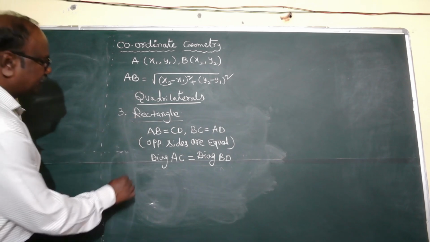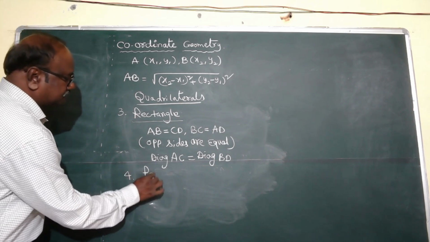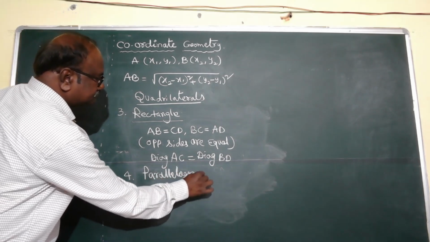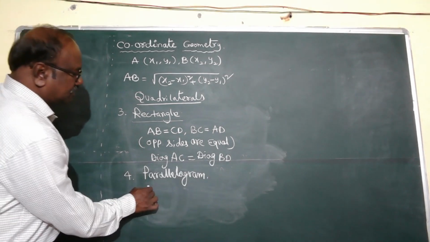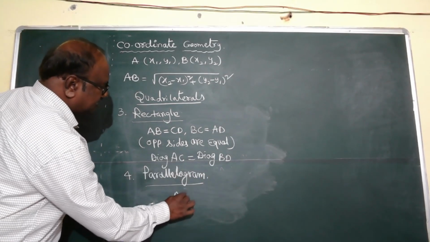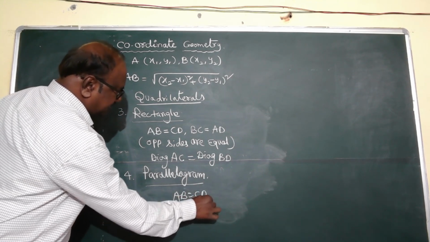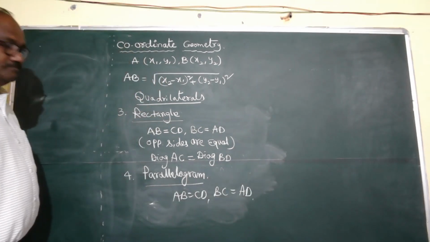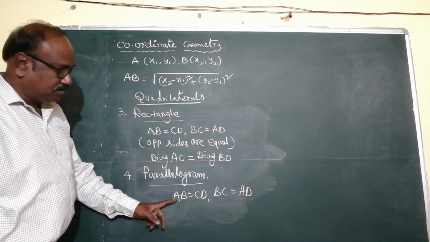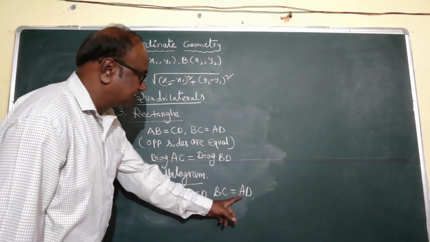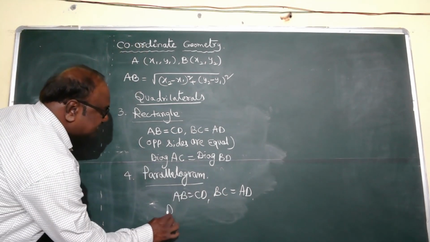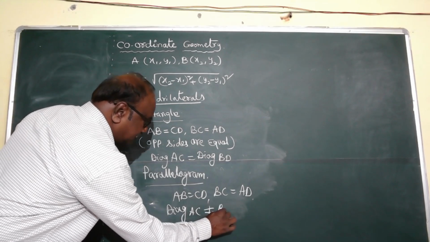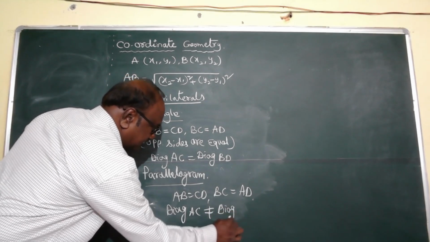Now, the same way, fourth one is a parallelogram. In a parallelogram also we get AB is equal to CD and BC is equal to AD. Opposite sides are equal, and diagonals are not equal. Diagonal AC is not equal to diagonal BD.